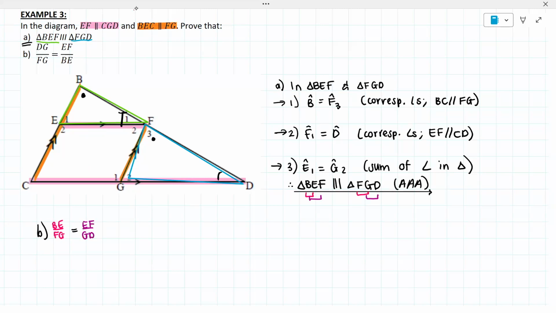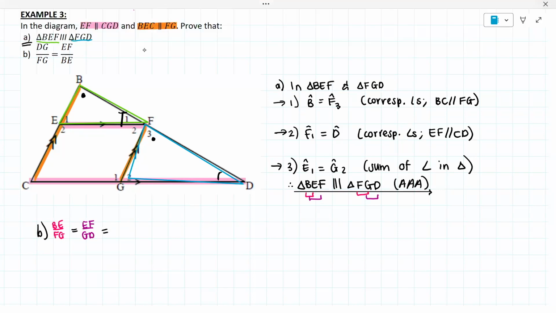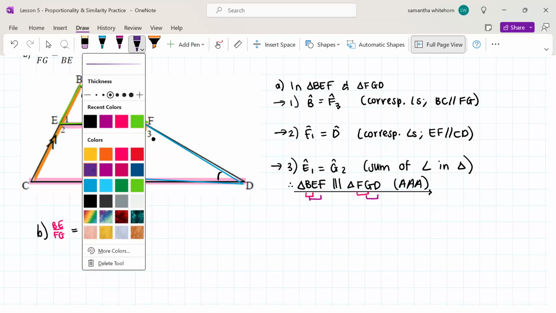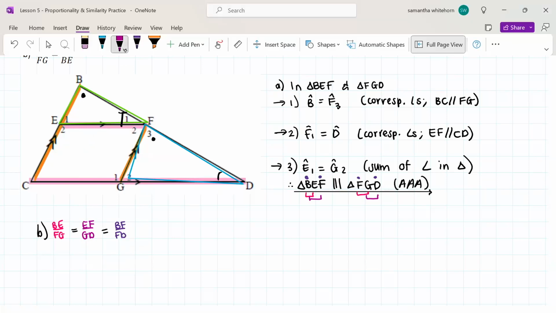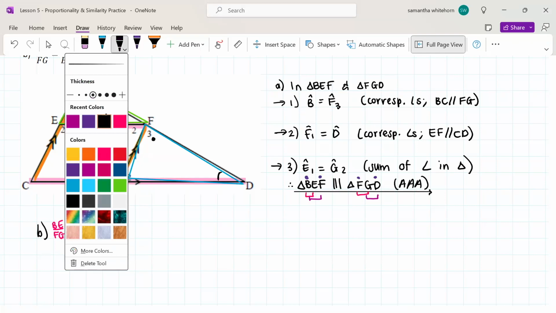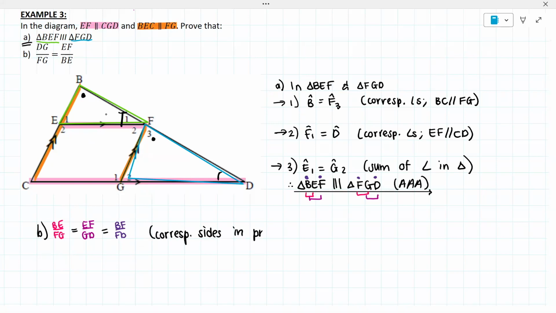And then we move on to the first and the third pair of letters, which in the case of our triangles is BF corresponds to FD. And this is all true. We can say all of these ratios exist and are true because of corresponding sides in proportion, because we have proven the triangles are similar.